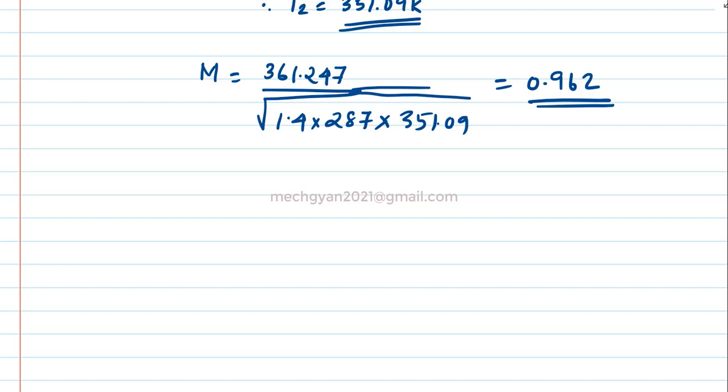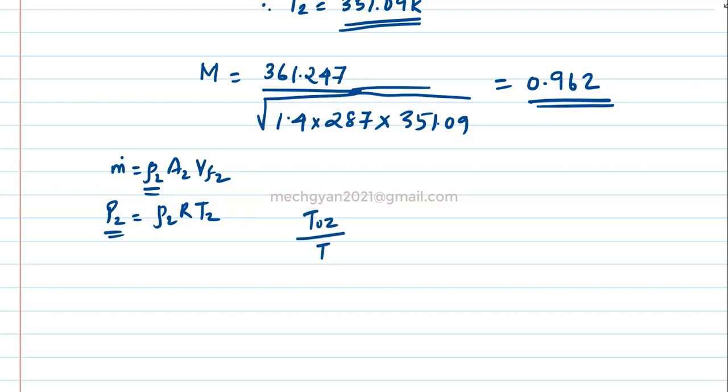The second part is to find the mass flow rate. Mass flow rate is equal to rho 2 A2 VF2, so we have to find rho 2. We will get rho 2 from P2 equal to rho 2 R T2, but we don't know P2. So T02 by T2 equals (P02 by P2) whole power gamma minus 1 by gamma.